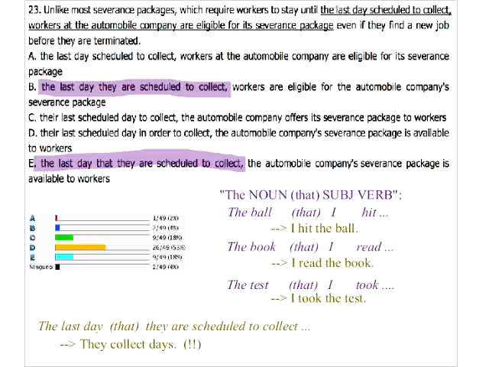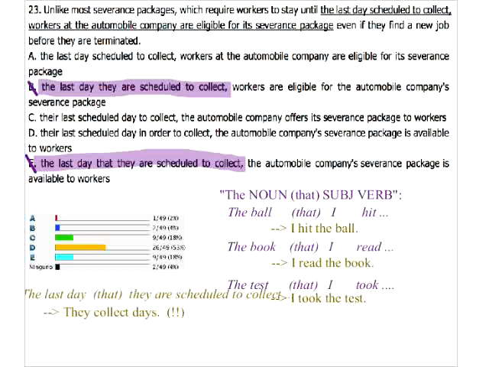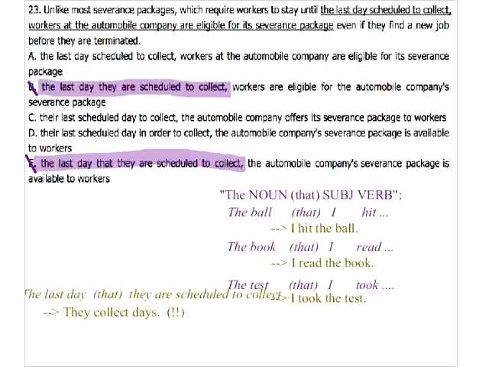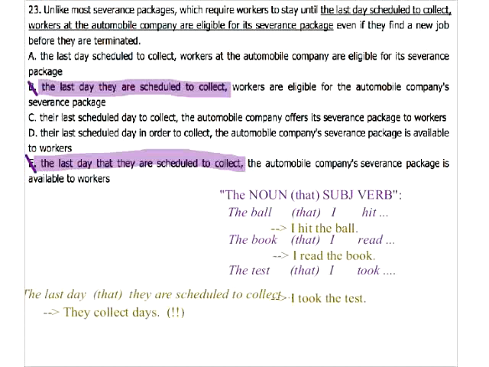Nobody's collecting days, so this doesn't work. When you do this, there's one thing that looks similar to this that you don't want to confuse it with. Let me go ahead and compress this. Let me illustrate before we move on to other things.